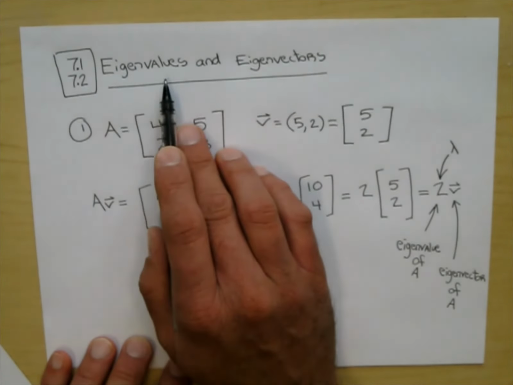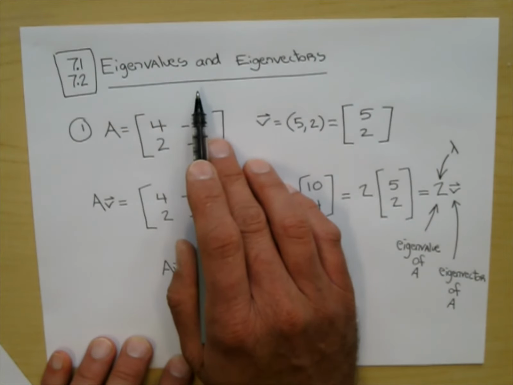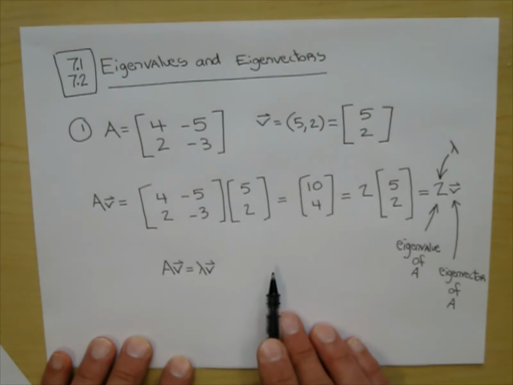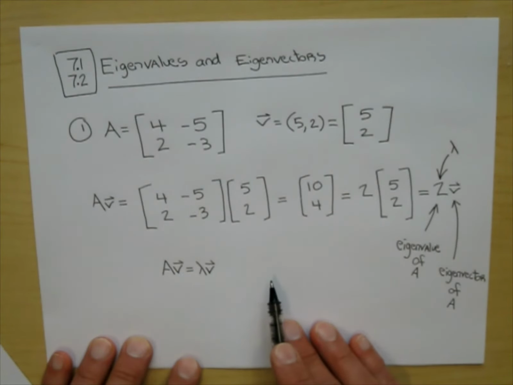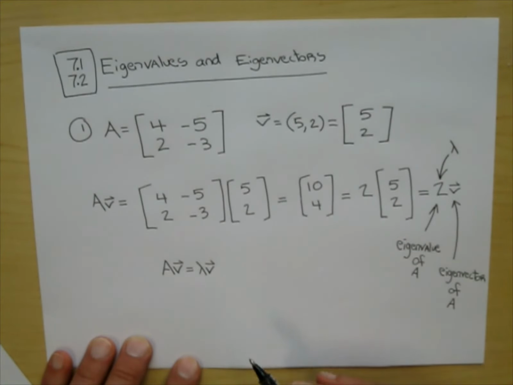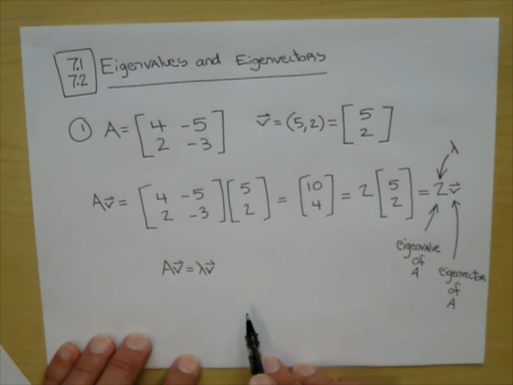Applications of eigenvalues and eigenvectors would be differential equations, and I know we'll see this when we do systems of differential equations, population growth, finding explicit formulas given recursive formulas, and Google's page rank algorithm is very complicated, but there was a book written about that, and one of the chapters was called The $25 Billion Eigenvector.